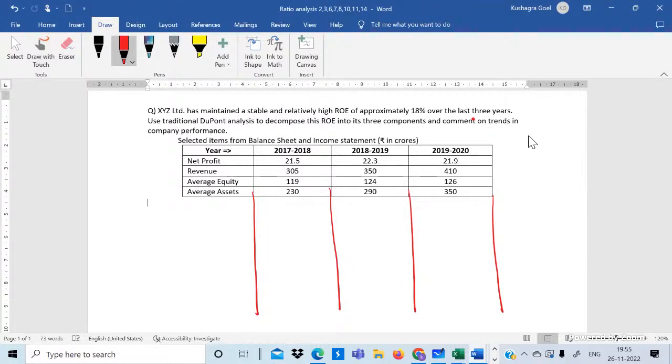The first thing that we need to calculate is the net profit ratio. So using this data, how will you calculate the net profit ratio for 17-18? If you have this data, how will you calculate the net profit ratio for 17-18? Anyone?